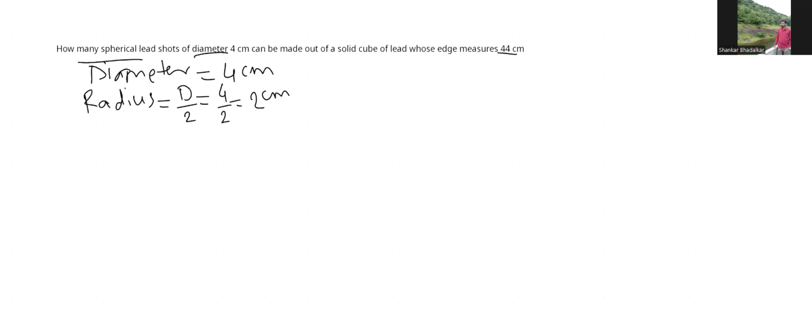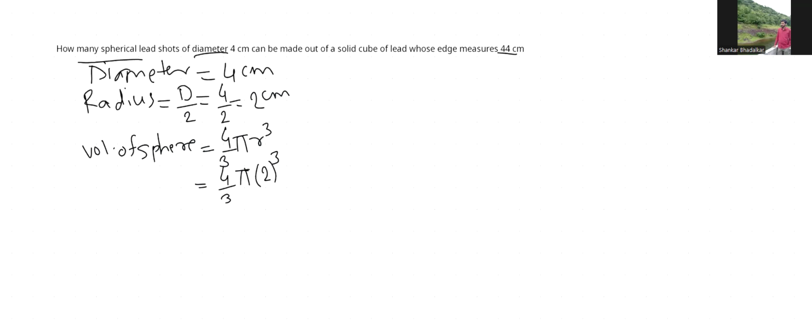Volume of sphere is equal to 4 by 3 pi r cube. What is the value of r? 2. So 2 cube will be 8.